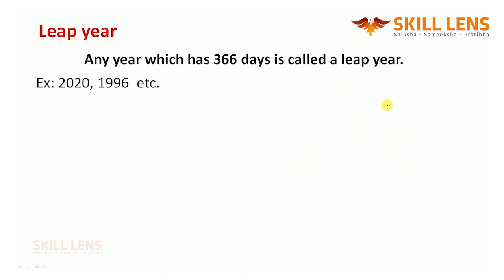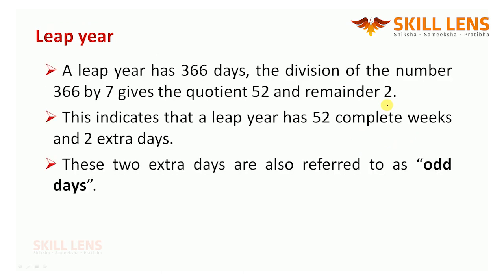These 2 extra days are nothing but odd days. So guys, look here: a leap year has 366 days. The division of the number by 7 gives a quotient of 52 and the remainder is 2. Those 2 days are nothing but odd days.